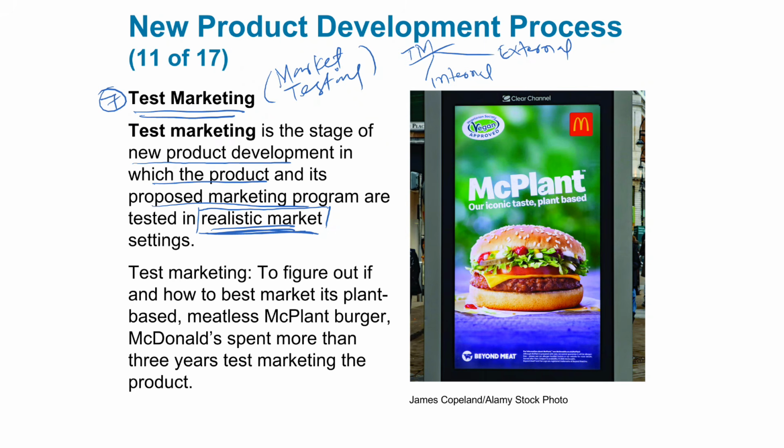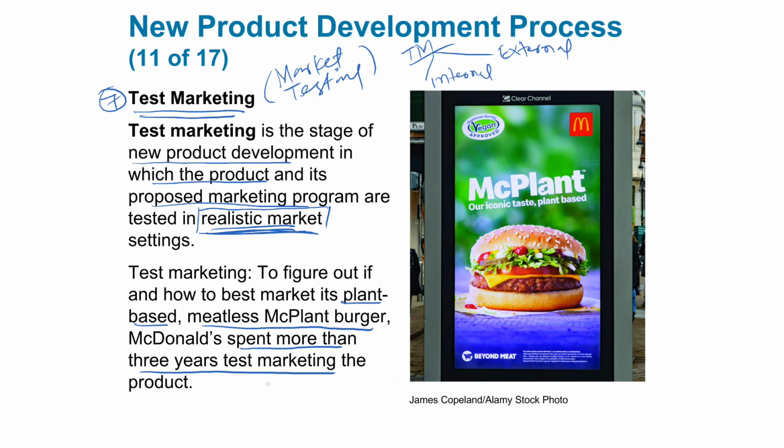An example of McDonald's is given: to figure out how their plant-based meatless McPlant burger will work, or how best it will fit in the market. McDonald's spent more than 3 years testing the market. You can see it can be a long process.